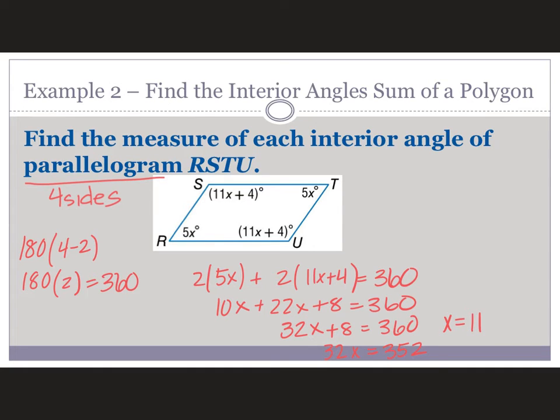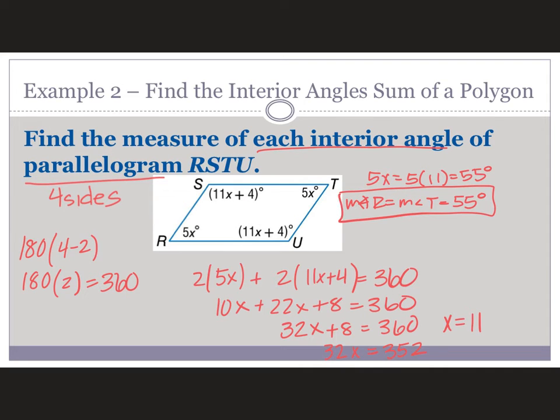But are we done? Absolutely not. It says the measure of each interior angle. So we have to do 5x, which is 5 times 11, which is 55. So the measure of angle R is equal to the measure of angle T, which is equal to 55 degrees.